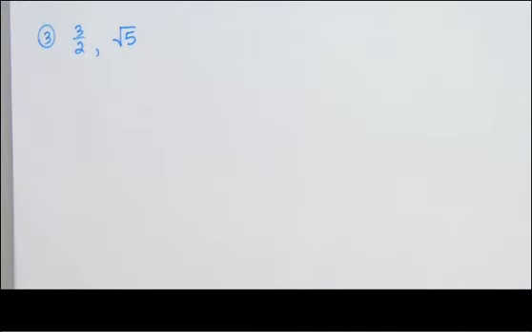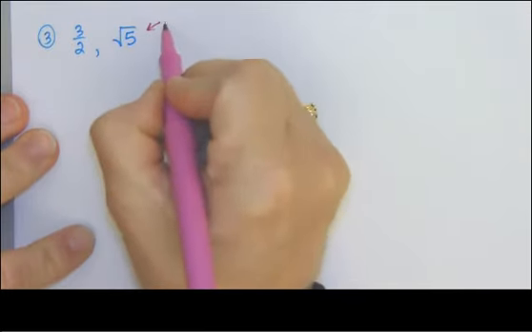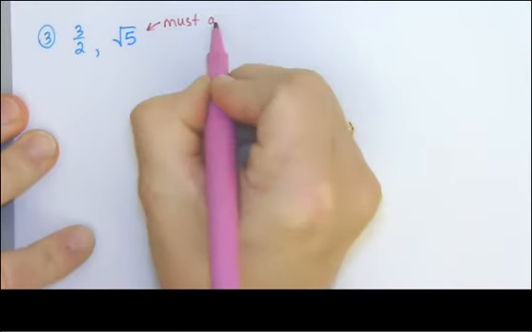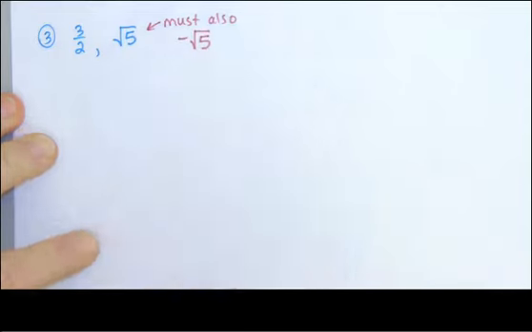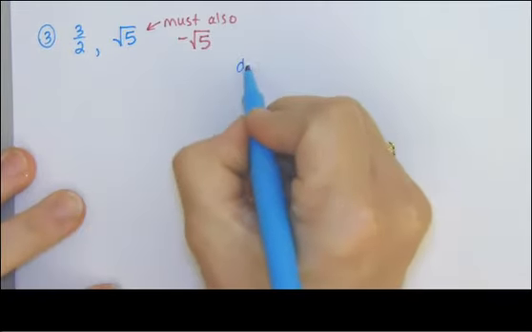Think about that: if you ever have an imaginary or a radical, it has to come in pairs. So we must also have negative radical 5. So I actually have 3 zeros here, so this is going to have a degree of 3.